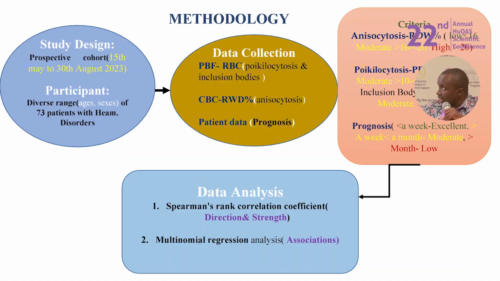And then we wanted to assess the strength of the effect of anisocytes, poikilocytes, and inclusion bodies on prognosis. We did another calculation with multinomial regression analysis to assess associations of those parameters.